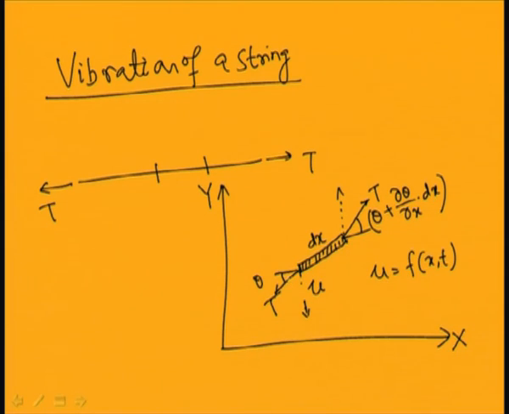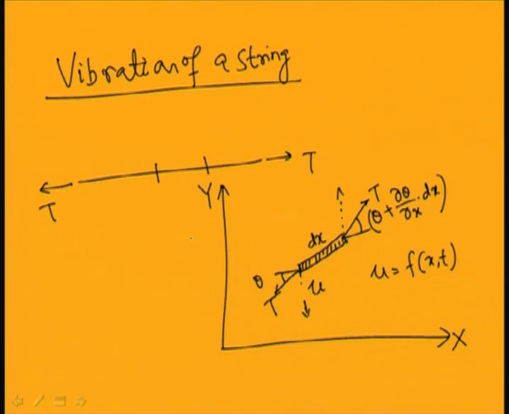This force will be equal to the inertia force of the system, which is mass into acceleration of the element, as we have taken u to be the displacement of that element. Let m be the mass per unit length of the string.